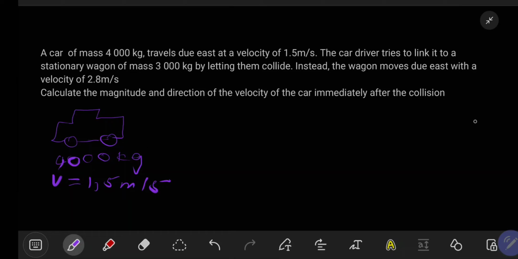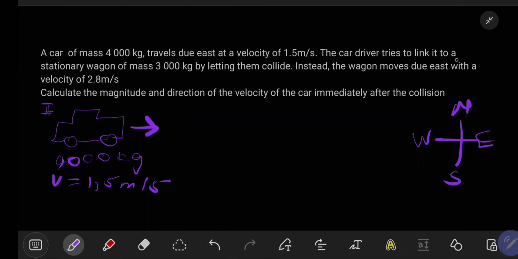This is our north, this is our south, this is west, and this is east. So this car is traveling in this direction. This is the initial part.